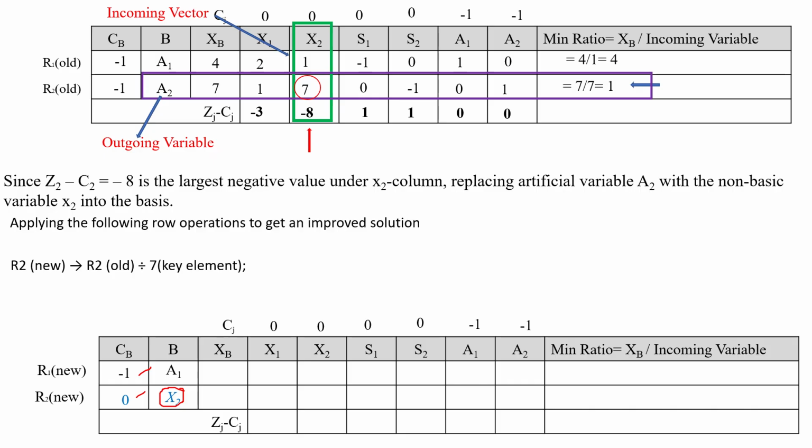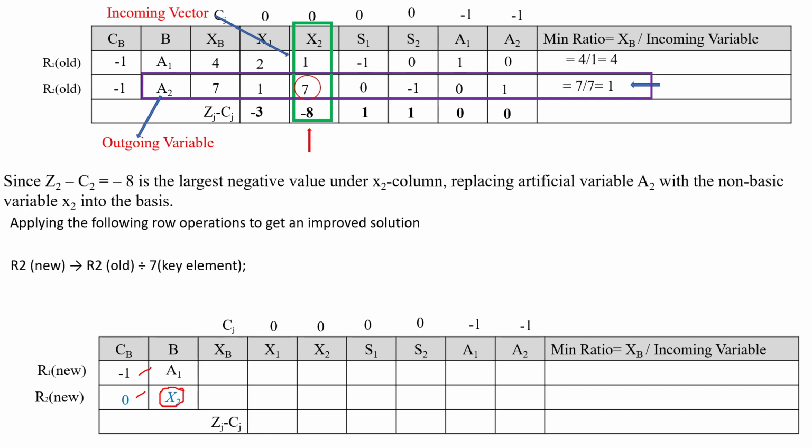Now we modify R2 new, the second row in the new simplex table, using the R2 old elements divided by the key element, 7.